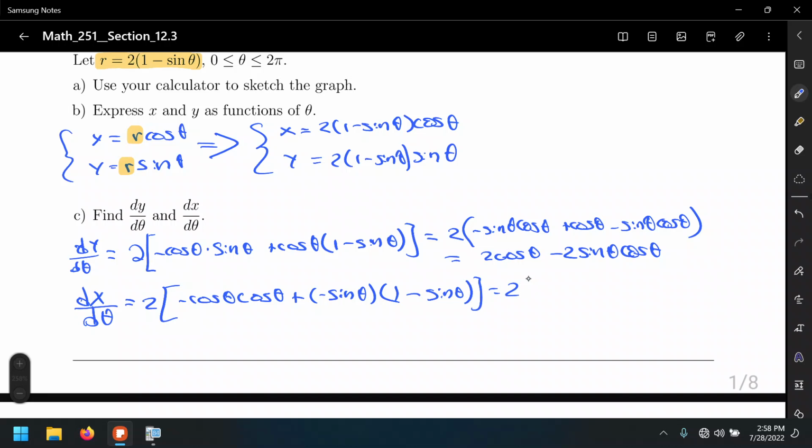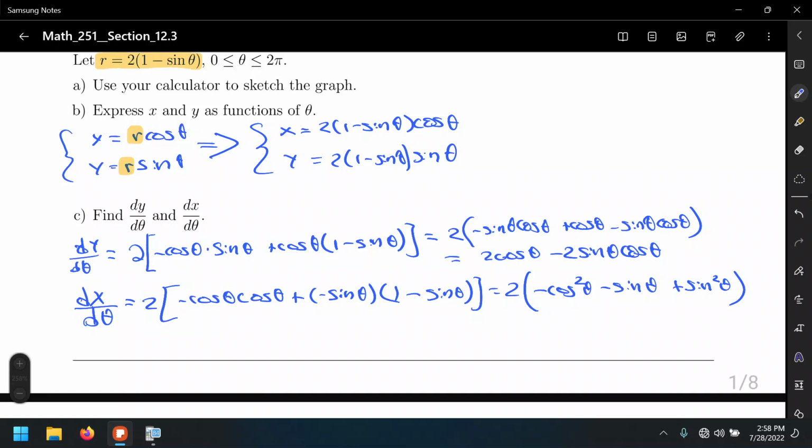So this reduces to 2 times, open parentheses, negative cosine squared actually, and negative sine times 1, that's a minus sine, and negative sine times negative sine, that's a positive sine squared theta.